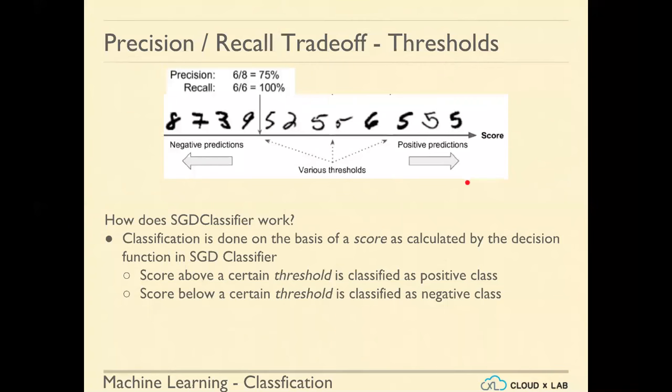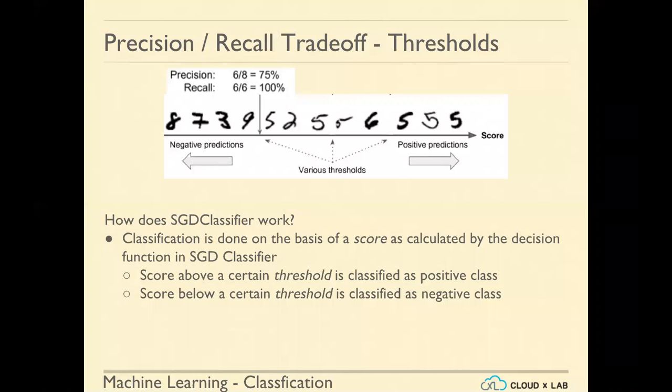All right, wonderful. In case of the SGD classifier, classification is done on the basis of the score as calculated by the decision function in the SGD classifier. And what was that?